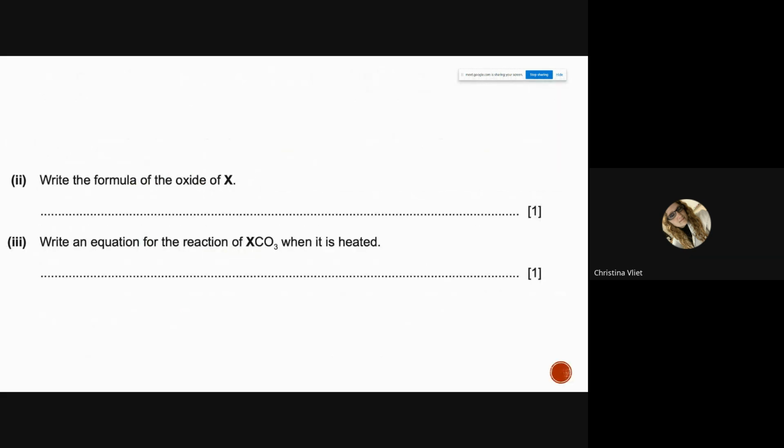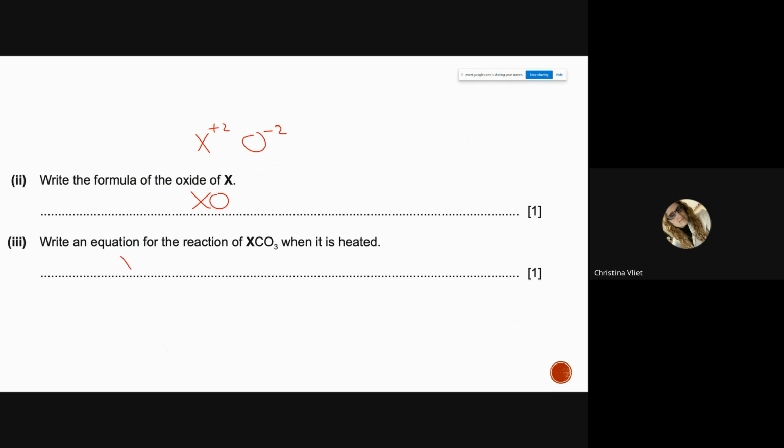What's the formula of the oxide of X, knowing that the charges are the same? If I were to put X together with oxygen, what would the formula be for the oxide? XO. That's a mark to say that, but that's the formula. And then what's the equation for XCO3 when heated? Is this not the basic carbonate equation?